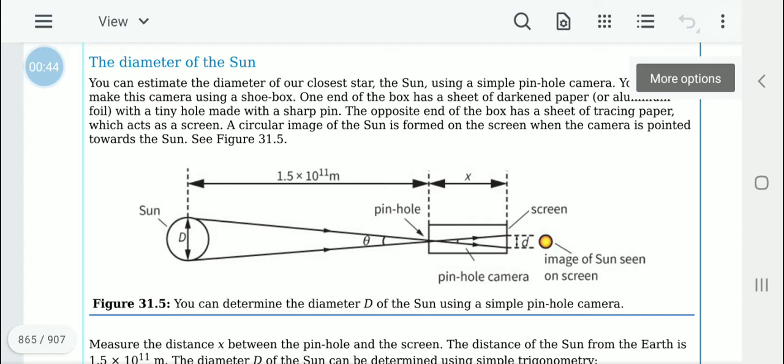But the sun will appear as a disk, and as a result we can figure out its diameter by using simple principles that we can develop in relation to trigonometry.